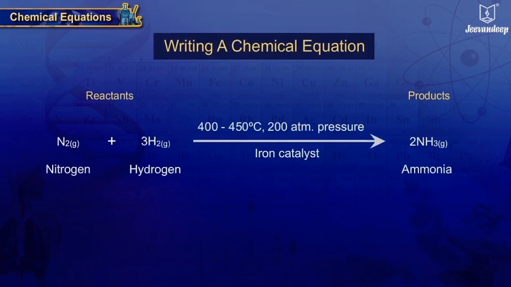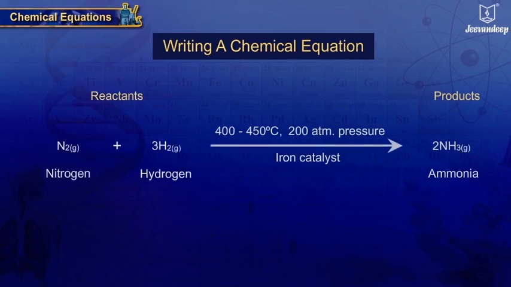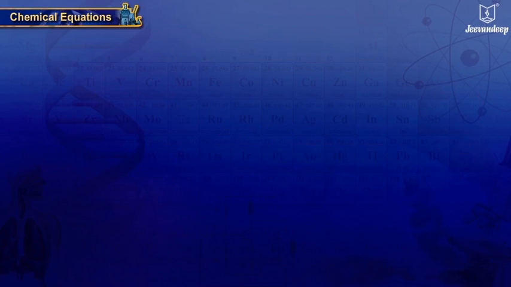The conditions of a reaction, that is, temperature, pressure, catalyst, etc., are mentioned on or below the arrow between the reactants and products. The physical states of the reactants and products should be mentioned in the chemical equation to make it more informative.